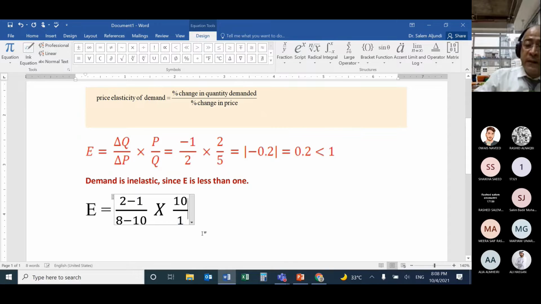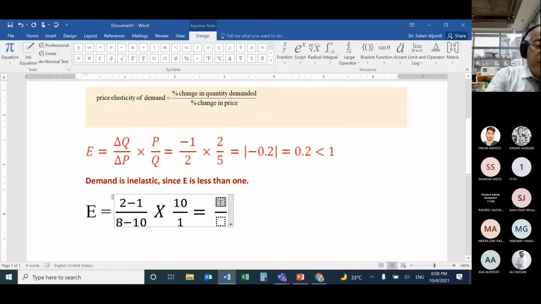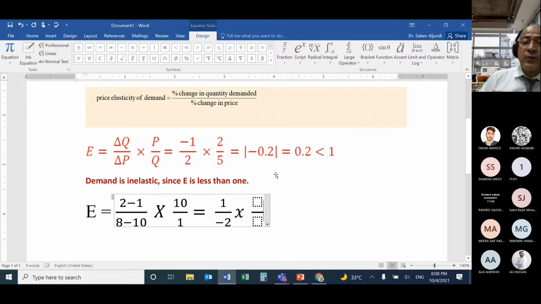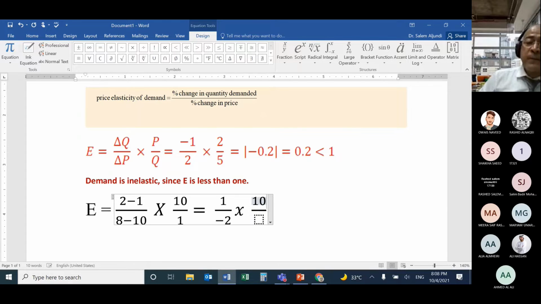So we can rewrite it again. So it is 2 minus 1, it is 1. 8 minus 10, it is minus 2. And here, 10 over 1.